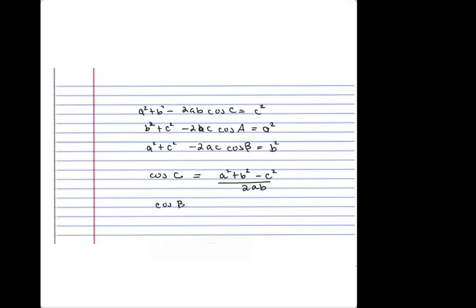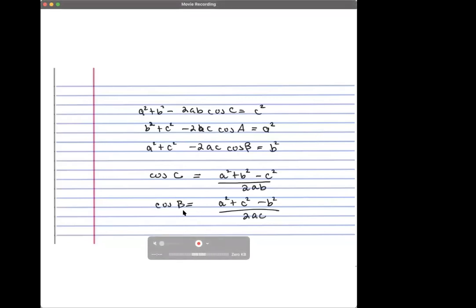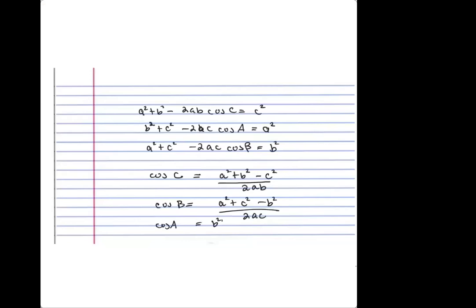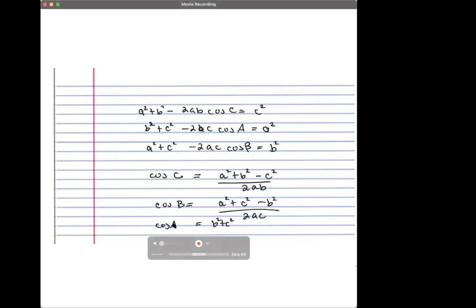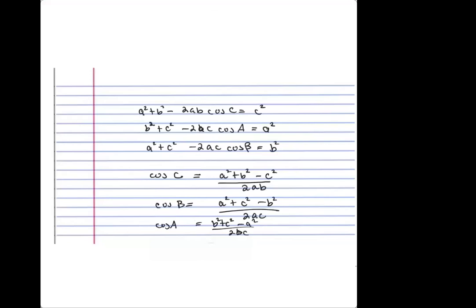Cosine of B is going to equal a squared plus c squared minus b squared all over 2ac. Whatever this letter is, big B, that's what I'm subtracting squared over here, little b. Whatever's in the numerator, two of those puppies are down in the denominator. And then cosine of A is going to be b squared plus c squared, that's everything but A, minus a squared all over 2bc.